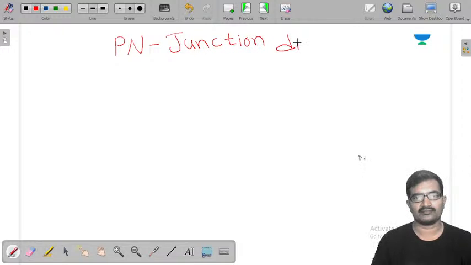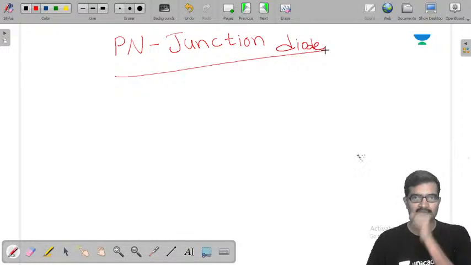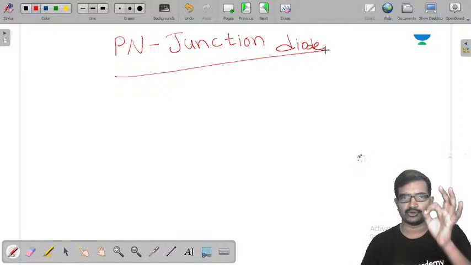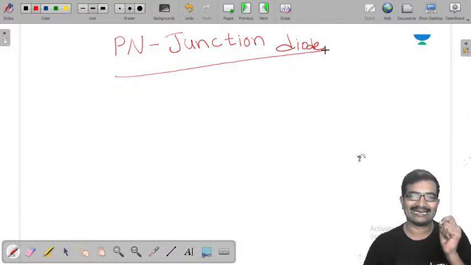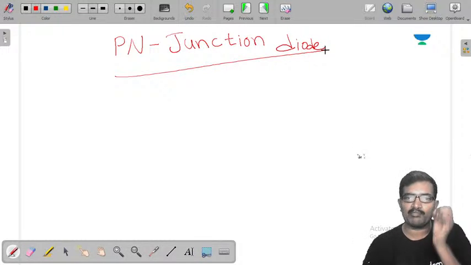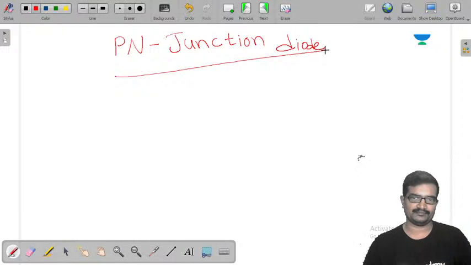First, students should know how to form, how to construct, or how to compose a PN-Junction Diode.